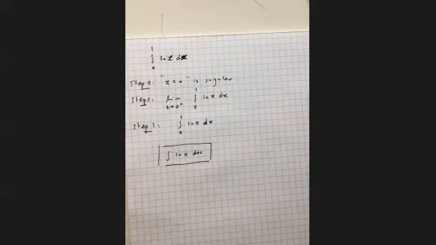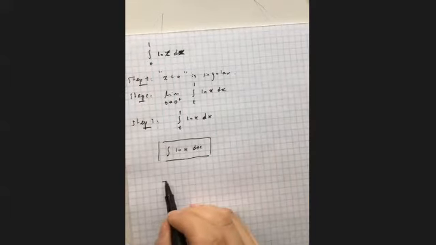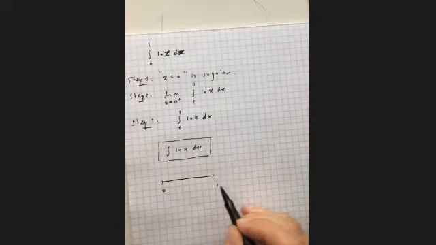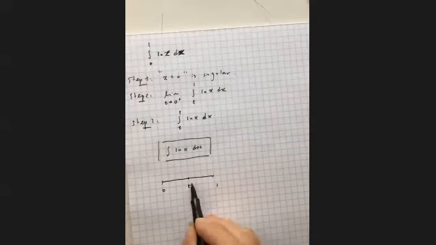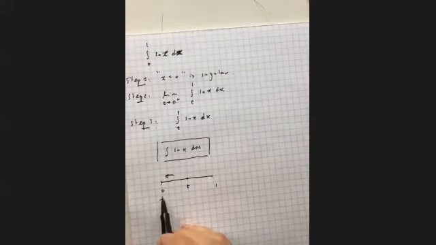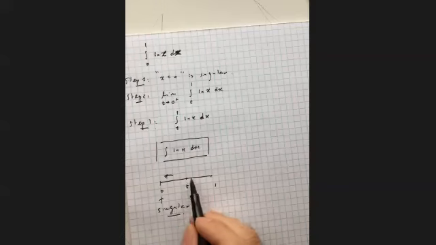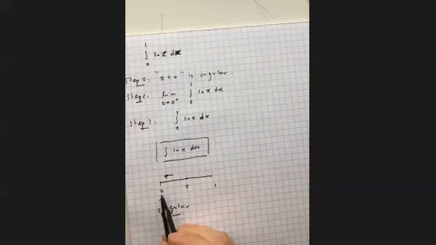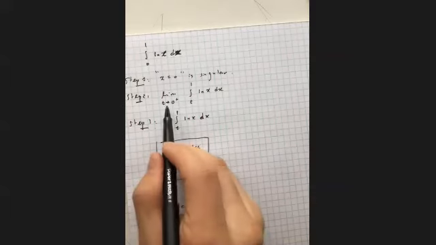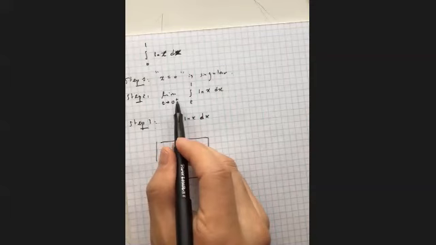Gotcha. Let me draw a picture. This is 0, this is 1. Your t is going to 0 from this side, where the singular point is. When t is moving to the singular point, t is always larger than 0, so t goes to 0 from the positive side.